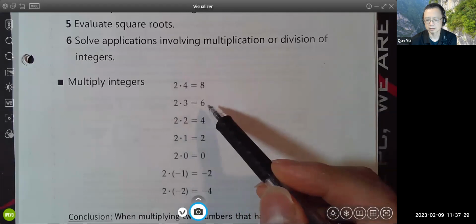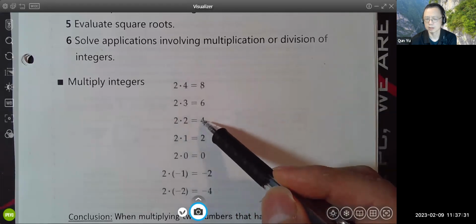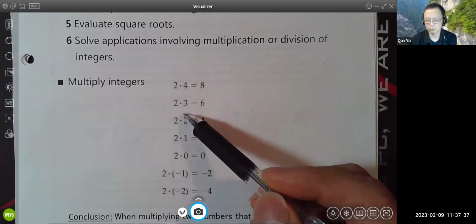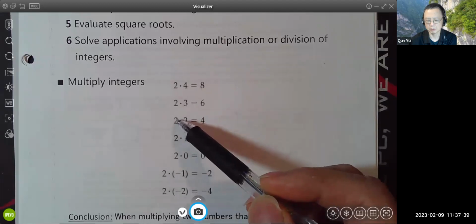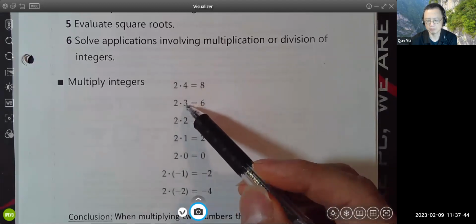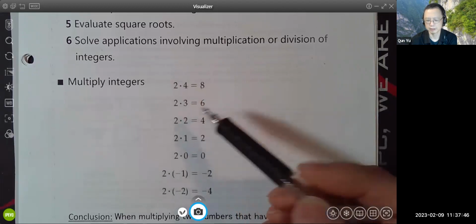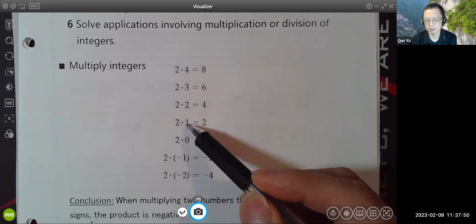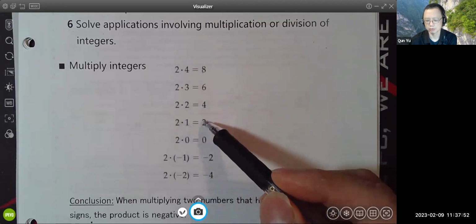So the result goes from 6 to 4, again reduced by 2. Actually, it makes sense because from 3 to 2 is reduced by 1, but it's multiplied by 2. So it's double the amount of reduction from the second factor. So let's continue from 2 to 1, reduced by another one, and the result reduced by 2.